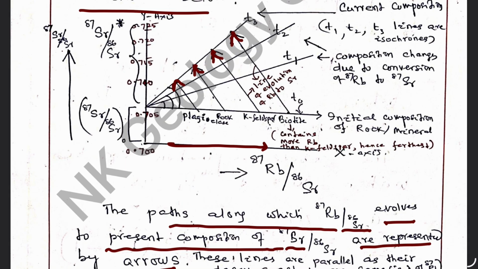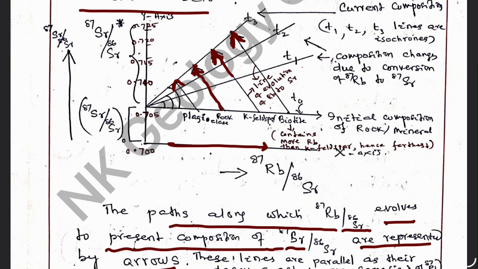As we have discussed, rubidium is more compatible with micas, that's why rubidium concentration is more in biotite compared to K feldspar. And when we plot the rubidium concentration in biotite, feldspars, rocks, plagioclases, we get that they evolve in parallel lines.